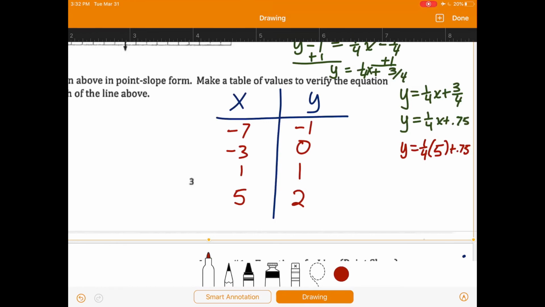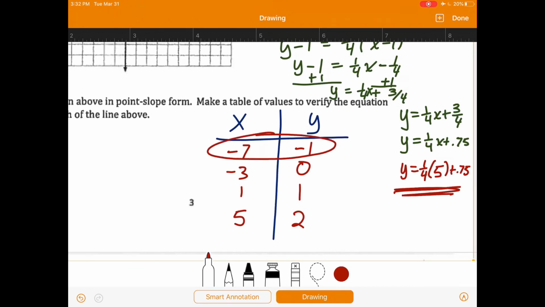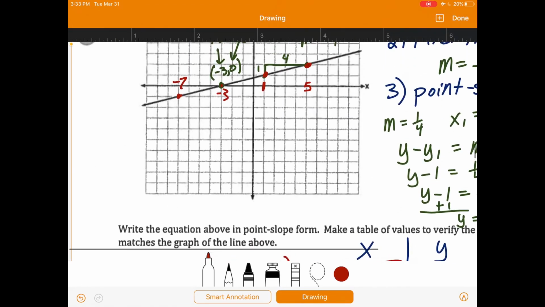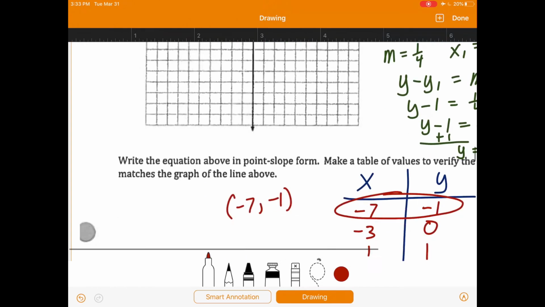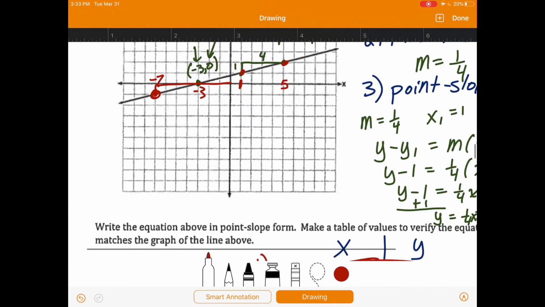These are going to be points on the line. So to double check if this formula works, we're going to see if the point -7, -1 is a point on this line. So let's look. -7, -1, yep, that's this one. All right, let's check the next one. -3, 0, yep, that's this one.